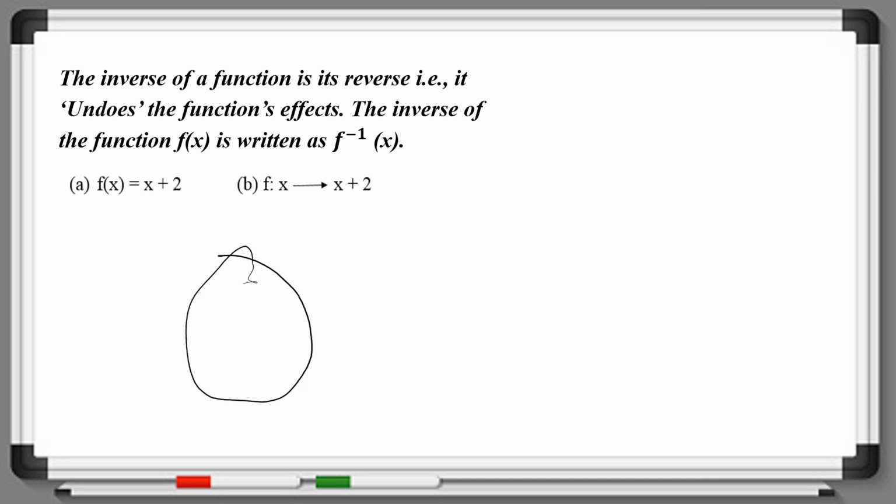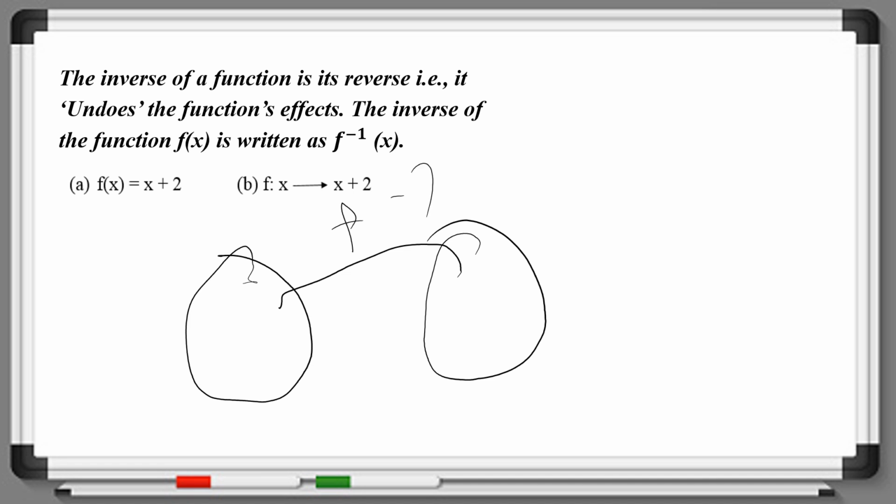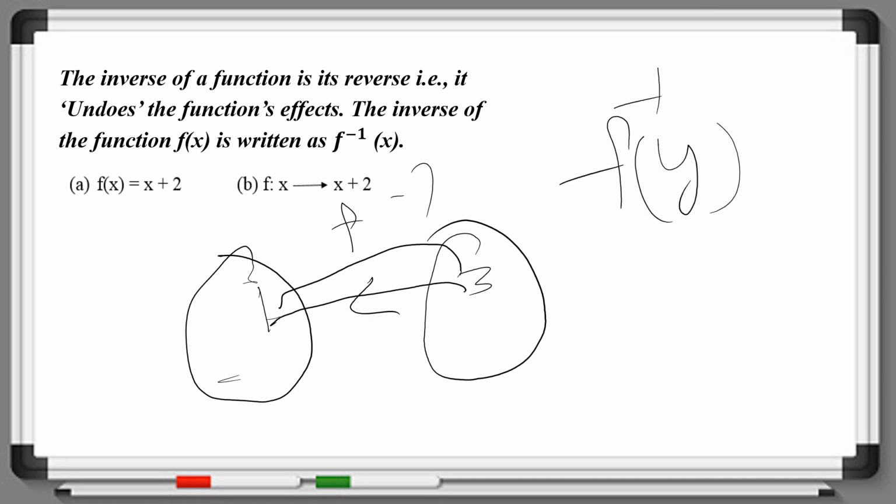So here, when we talk about the inverse function, the image of 1 is 3, so f inverse means 3 will be attached to 1. We call this x and this y. So f inverse of y will be equal to x. This is the main thing which I want to say to you.